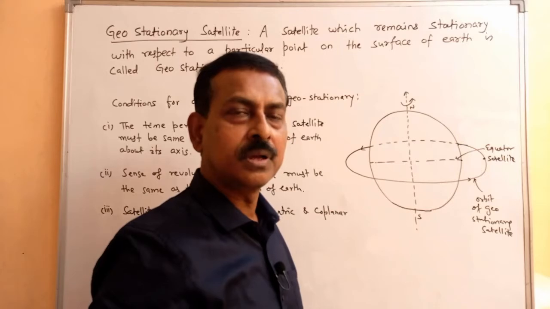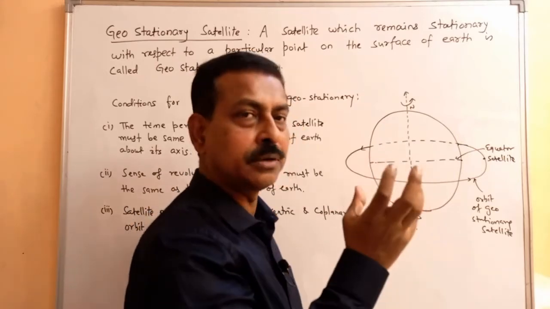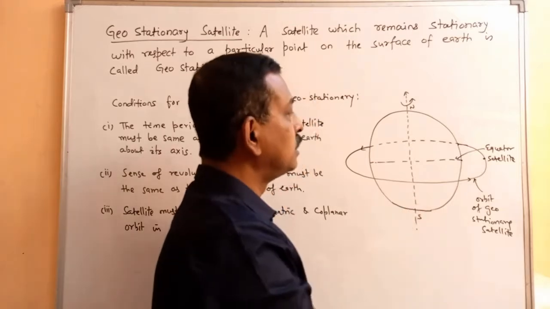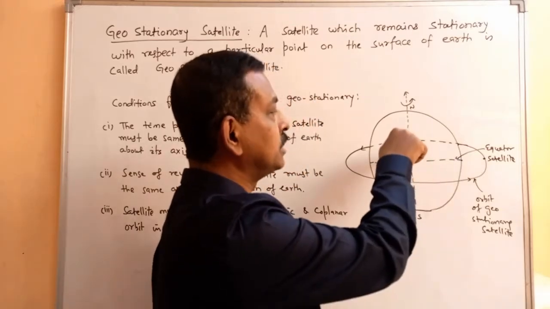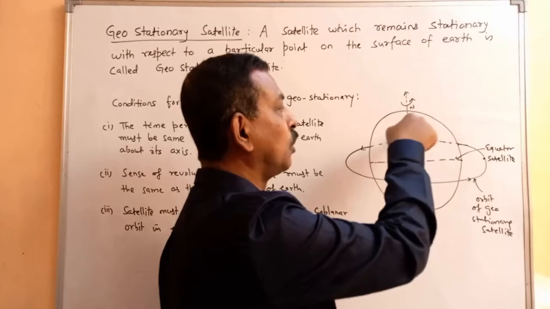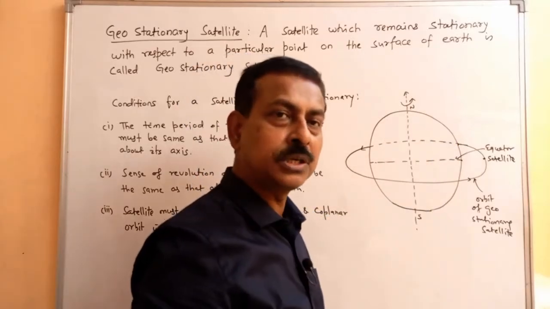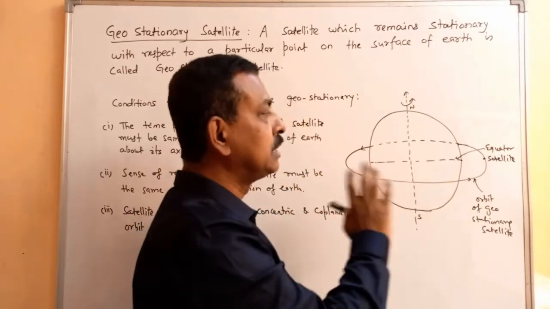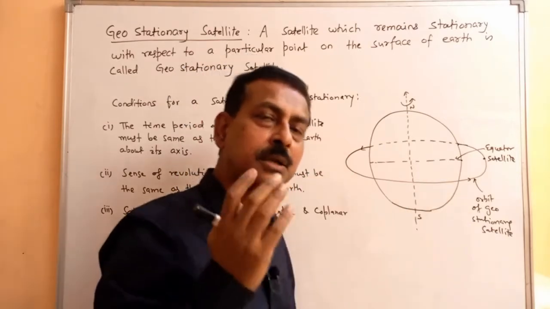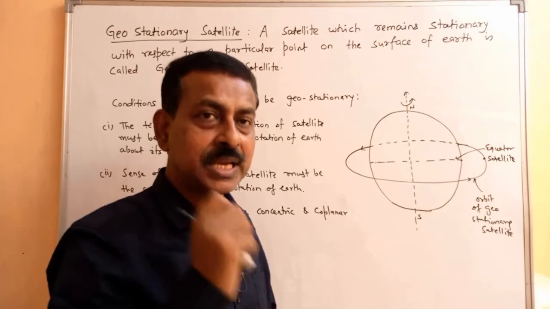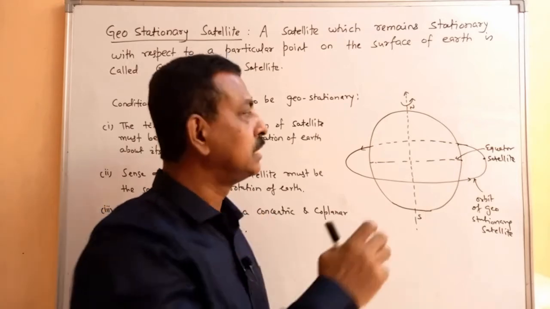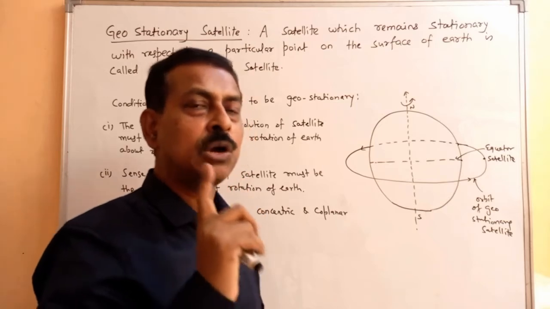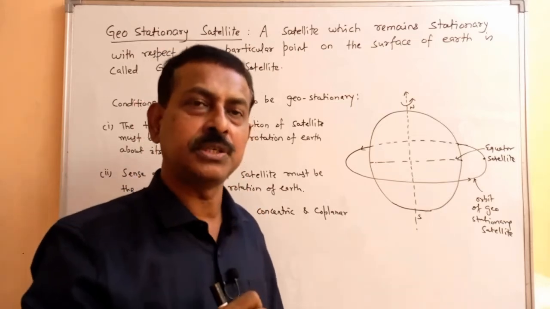Similarly, after 6 hours, this particular point will be somewhere on this side, and the satellite will also complete 1/4 of its revolution, so it will be overhead there. That is why, if the period of revolution and the period of rotation are the same, it will always be overhead. So this is the first condition for a satellite to be geostationary.